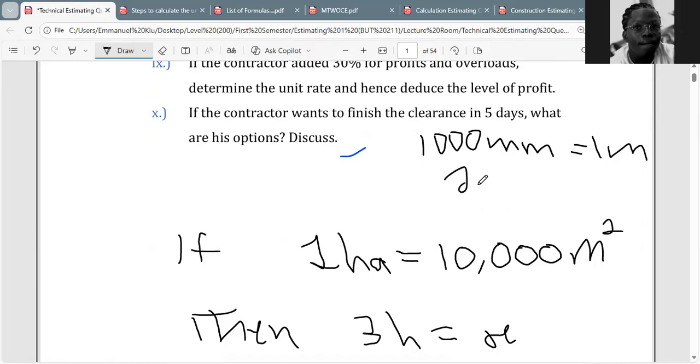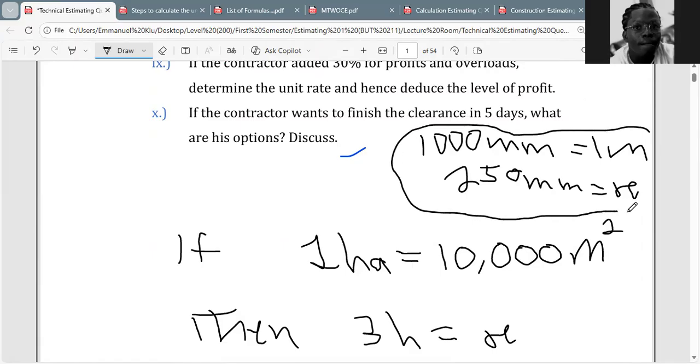So the 250 mm, what is going to happen? It is also equal to x in this state. So if you consider this one too, at the end of the day, you have to divide. x is going to become 250 all over 1,000.